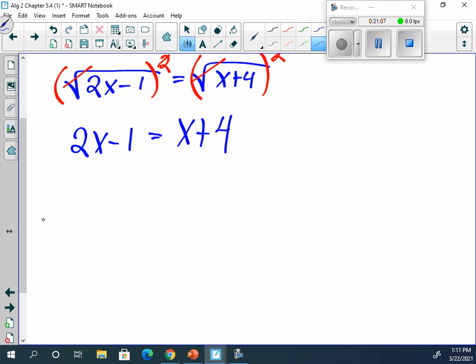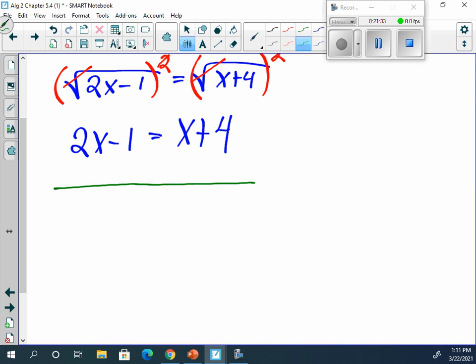Well, now all that's left is solving for the value of x. So what can we do next? All right, we'll move x to one side and everything else to the other. We don't have to set it all equal to 0 and move everything to the same side, because the biggest exponent is 1.